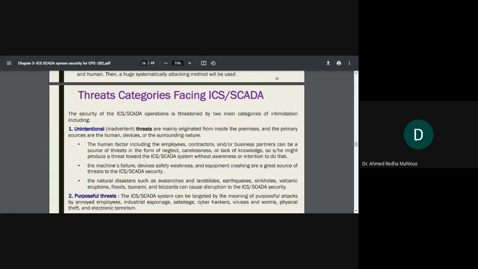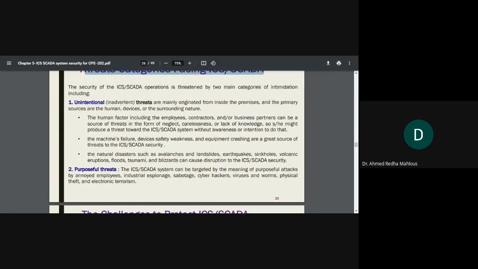In terms of the types of threats that can be found in ICS SCADA, we have two types: unintentional and purposeful threats. Unintentional means a threat that is not done on purpose. For instance, you can find errors by someone who has less experience and neglected something, like what happened with Stuxnet in Iran's nuclear plant.